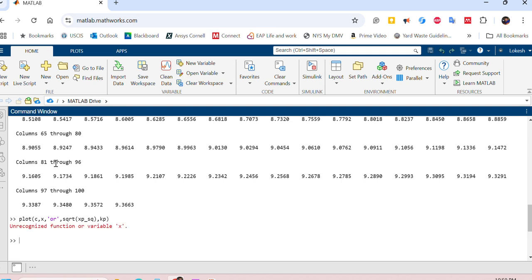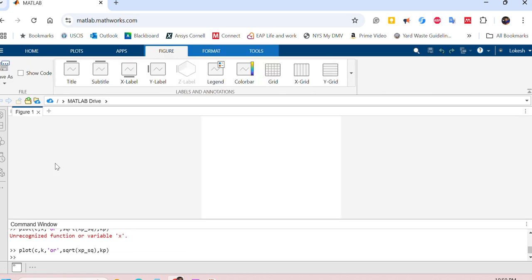And if I plot that, it does not recognize the variable x, and rightly so, because we have called it k. And if you look at the plot, that's how it looks, where it predicts the value for each one of them really correctly.